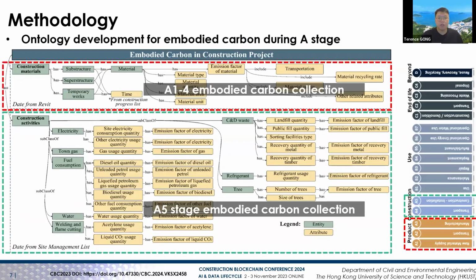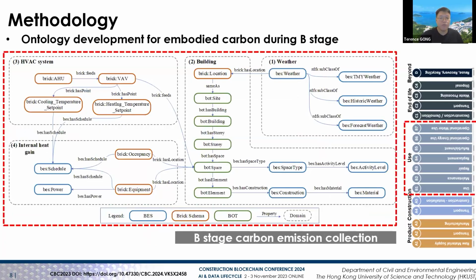For the first part, we need to know what kind of carbon emissions there are, like embodied carbon, and where the carbon emissions come from. So we developed these ontologies. We can see the A1 to A4 stages are for materials development and transportation to the construction site, and the A5 stage is what happens on the construction site, where the sources of carbon emissions are shown here.